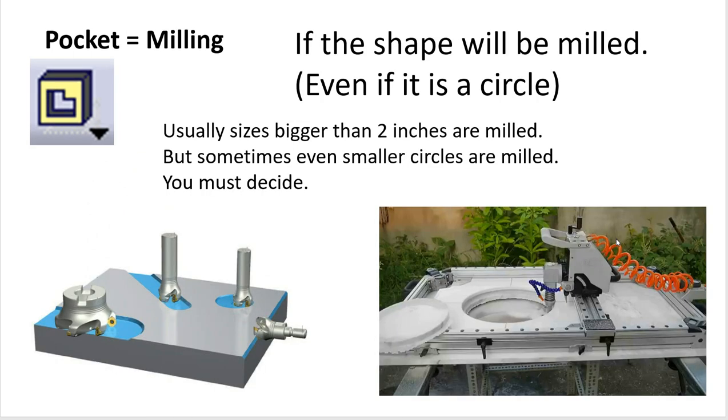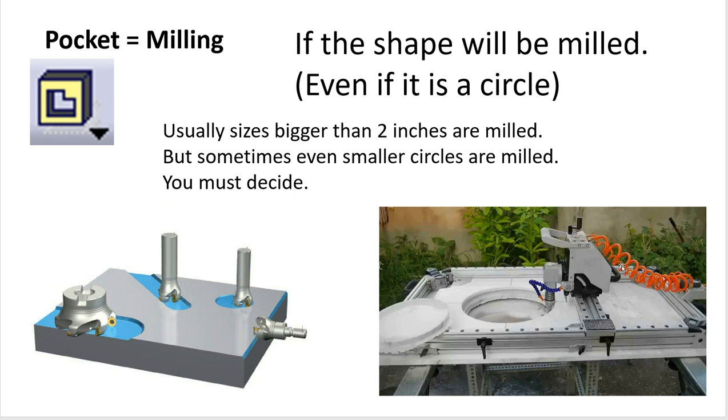Okay. Pockets, however, don't go down; they go around. So you have what they call a milling bit. And the milling bit goes down into the material, and then it follows a path. If it follows a circular path, then it ends up cutting something that looks like a hole, but it's not. It's considered a pocket.